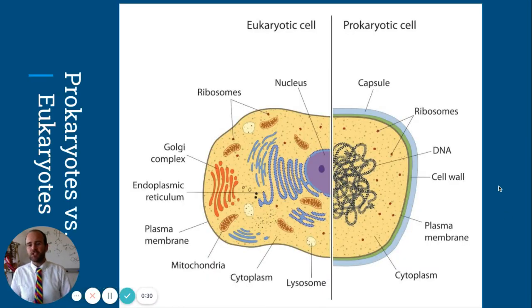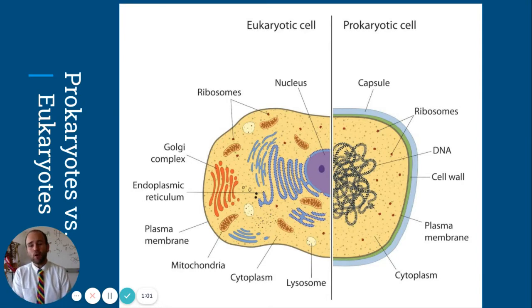So, the first distinction when we're talking about cells that I want to bring up is the difference between prokaryotic cells and eukaryotic cells. Our prokaryotes are going to be things like bacteria and archaea, and then everything else on Earth, so plants, animals, protists, fungi, those are all going to be eukaryotic cells.